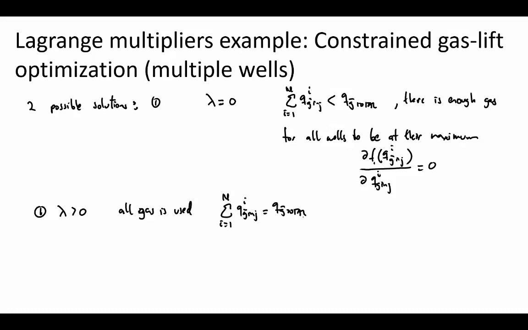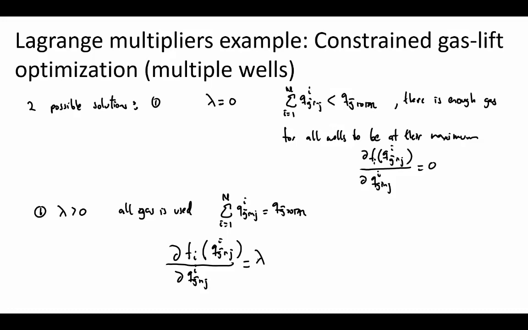But more interesting is that the derivative for all functions, here is missing the I, has to be equal for all of them to a positive number. That's the same as all wells operating at the same gradient.